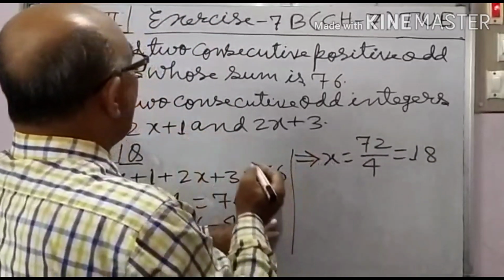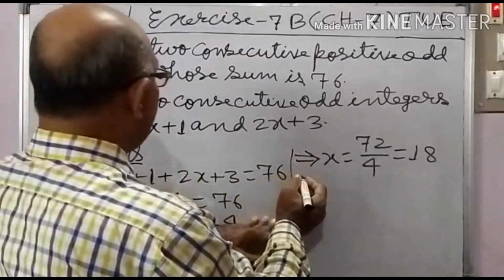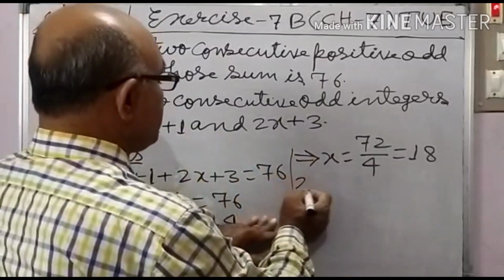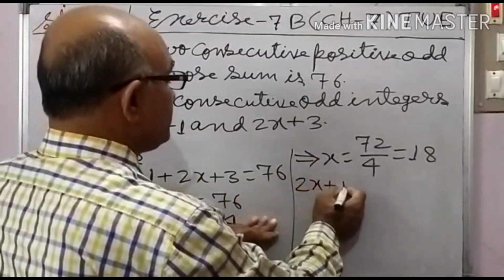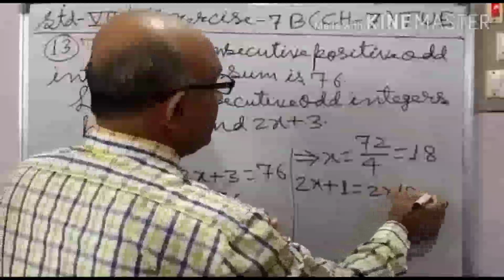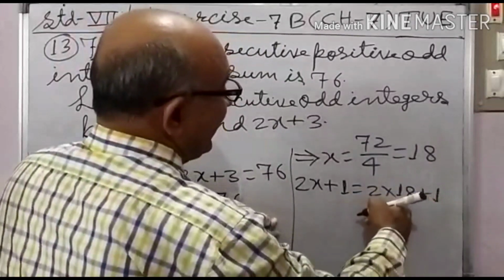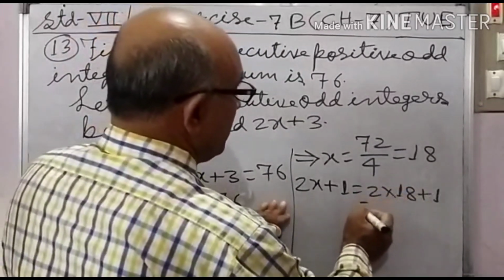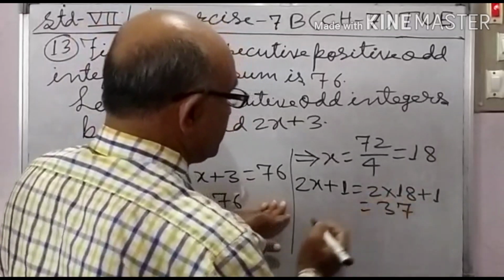Now the consecutive positive odd integers: the first integer is 2x plus 1, that means 2 times 18 plus 1. 2 times 18 is 36, plus 1 is 37.